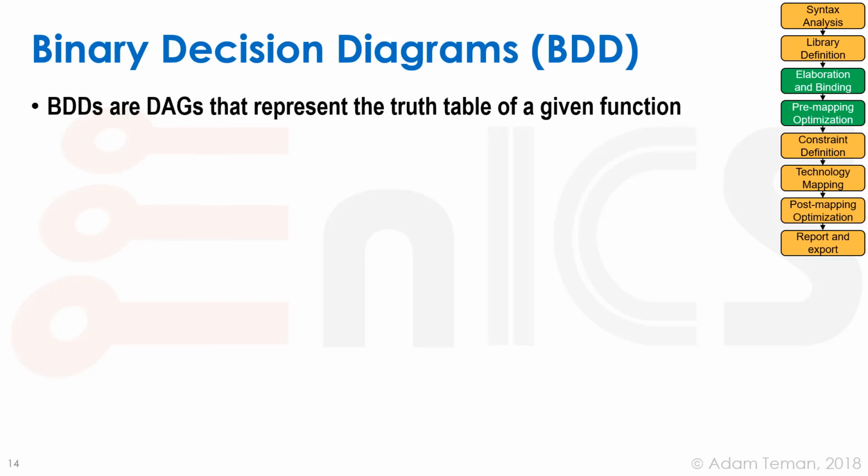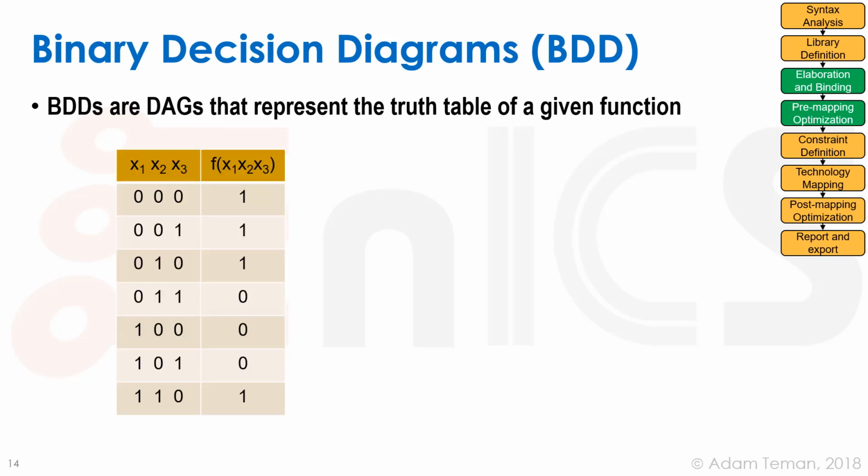Okay, so BDDs are directed acyclic graphs that represent the truth table of a given function. So we take a truth table here, with 3 inputs, x1, x2, and x3, and 1 output, which is called f, and we see the truth table over here, what each input state will provide.